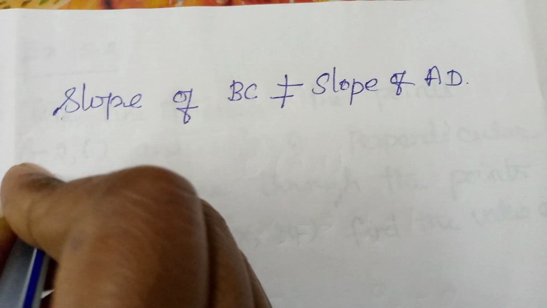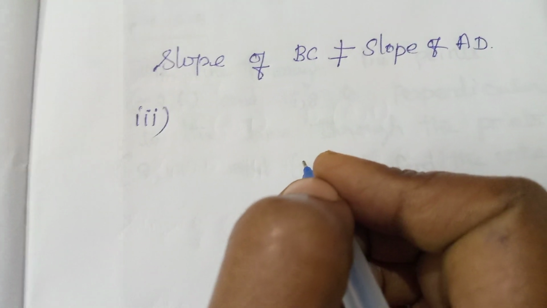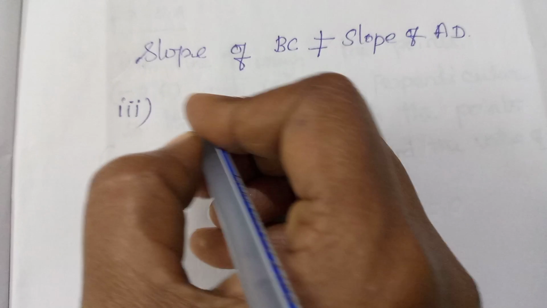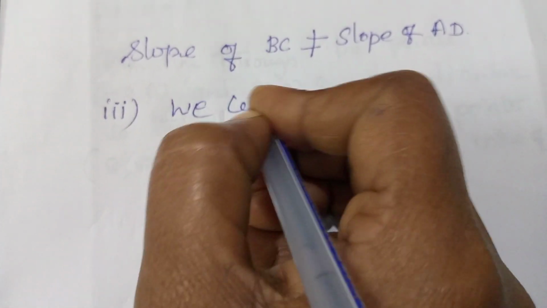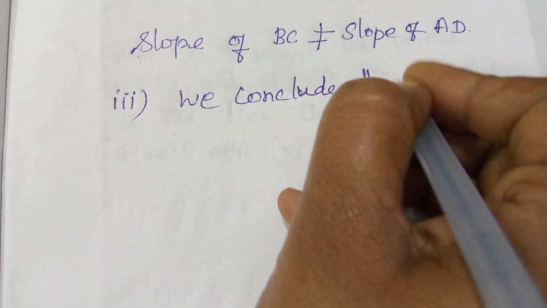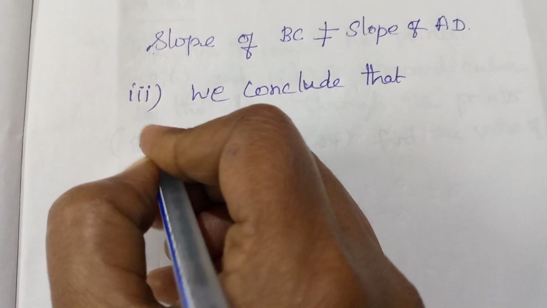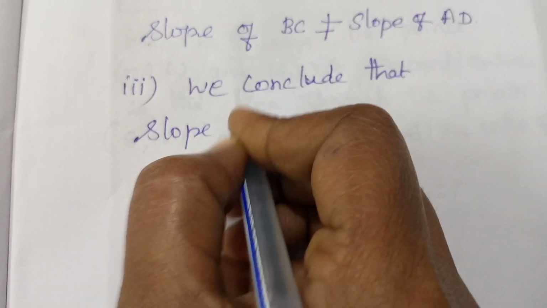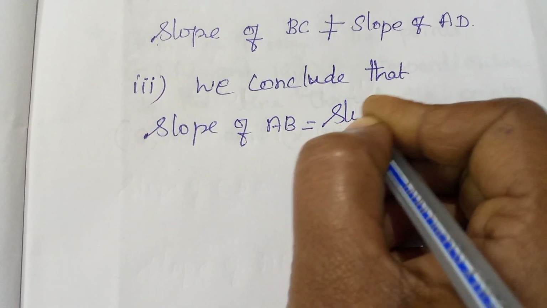Third one is what you have concluded. So from 1 and 2 we conclude that... can you say what you conclude? Slope of AB is equal to slope of CD.